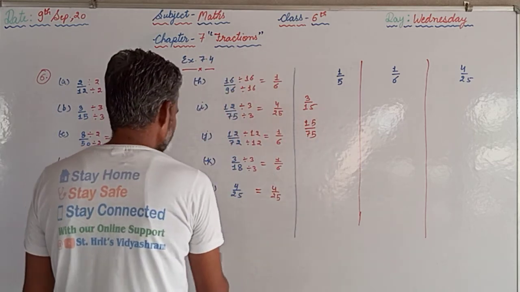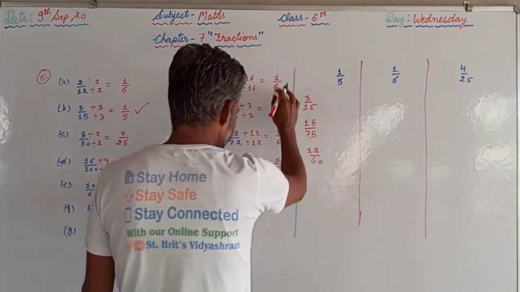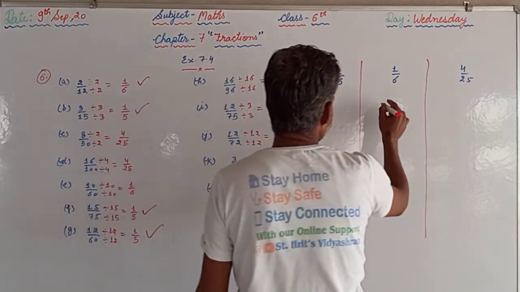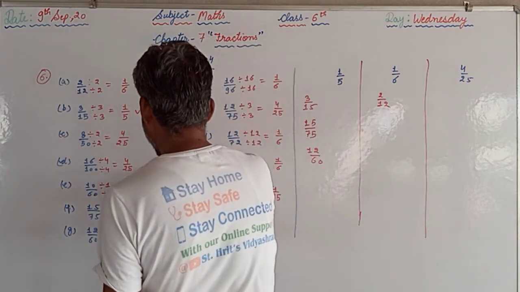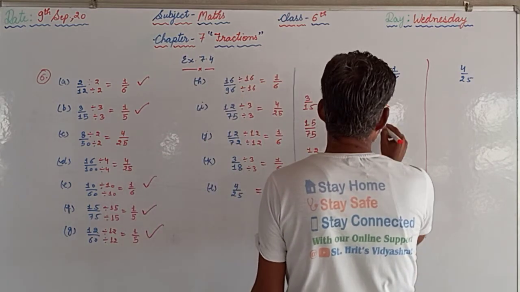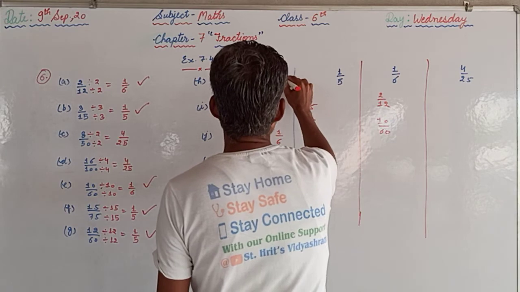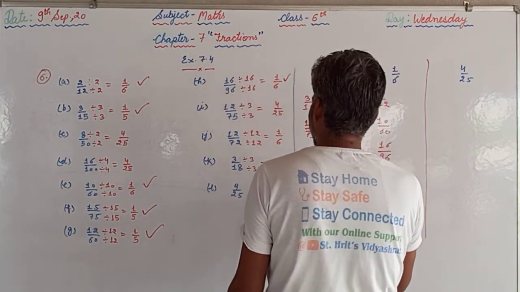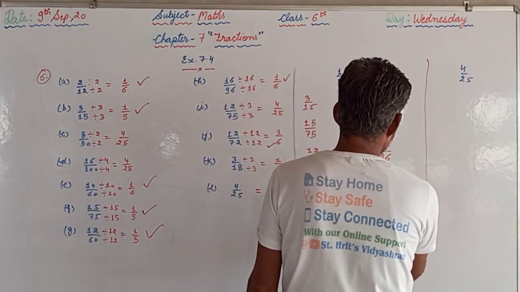Then here again 12 upon 60, and this side we are not having. Now 1 upon 6, 1 upon 6 is 2 upon 12, then 10 upon 60, then here 1 upon 6 is there, 16 upon 96, then this is also there, 12 upon 72.